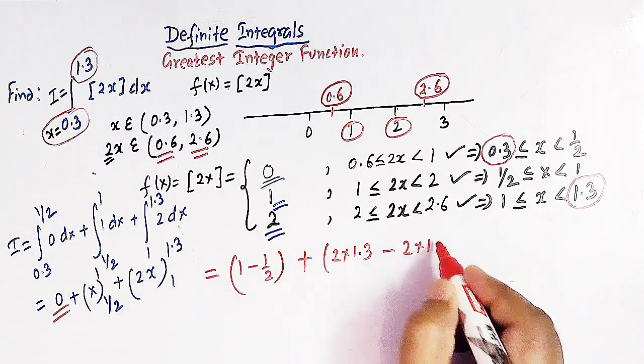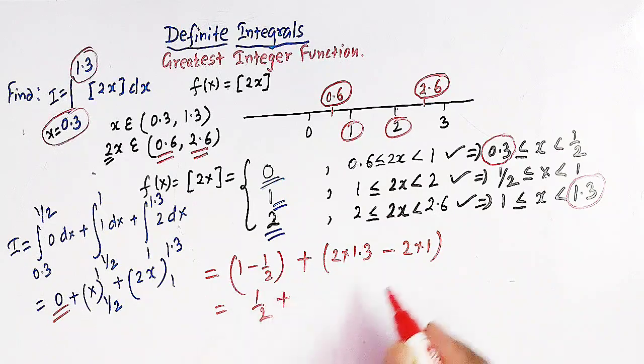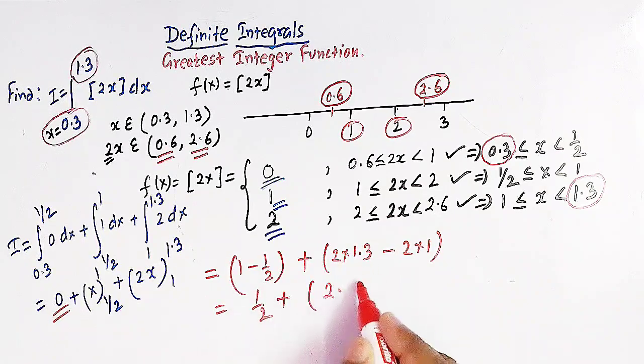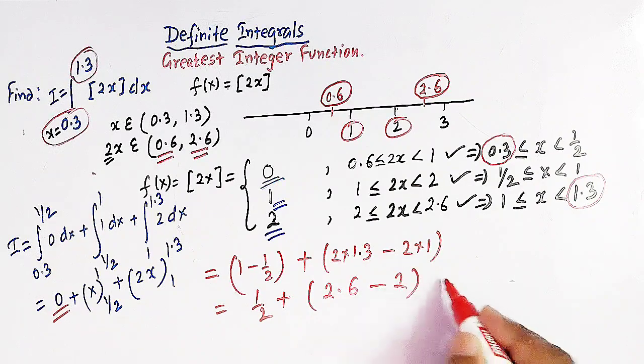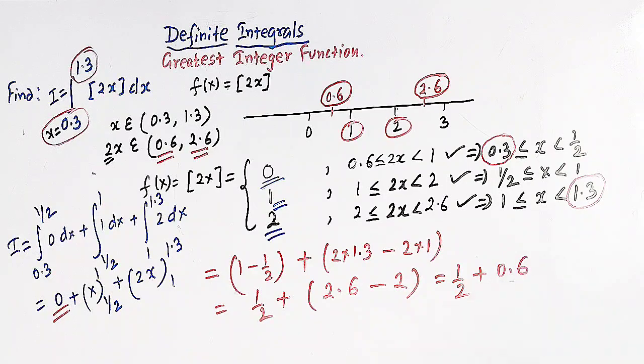So we have 2 into 1, and this is 1 minus half is half, and here we have 2.6 minus 2, and this is half plus 0.6, right?